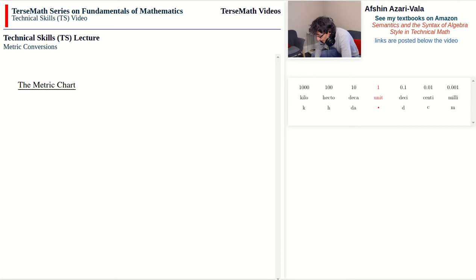Okay, as an example of how we use the chart, I can use meter as the unit. And then I'll end up with kilometer, hectometer, decameter, meter, and then decimeter, centimeter, and millimeter. A kilometer is a unit whose size is 1,000 meters.